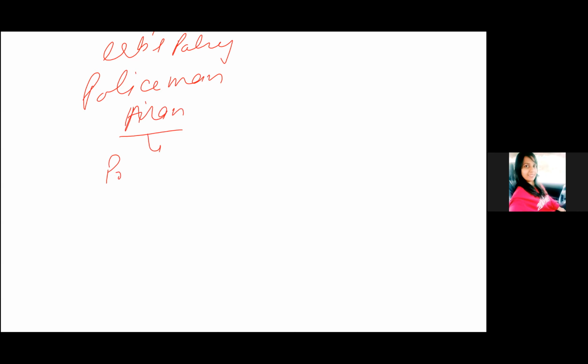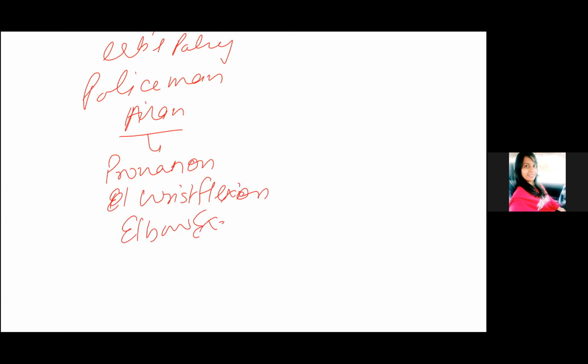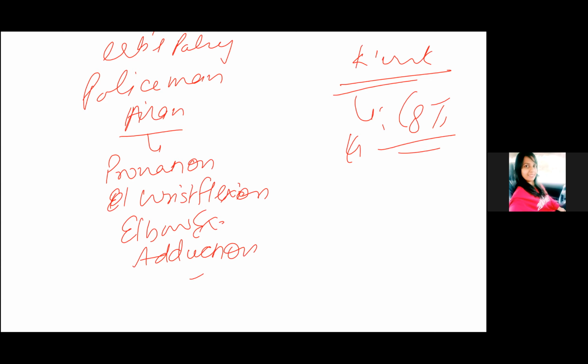There is pronation, there is elbow extension, wrist flexion and adduction. And in Klumpke's, we have the ulnar involvement as C8, T1 is involved. So in it, we have beggar's hand deformity.